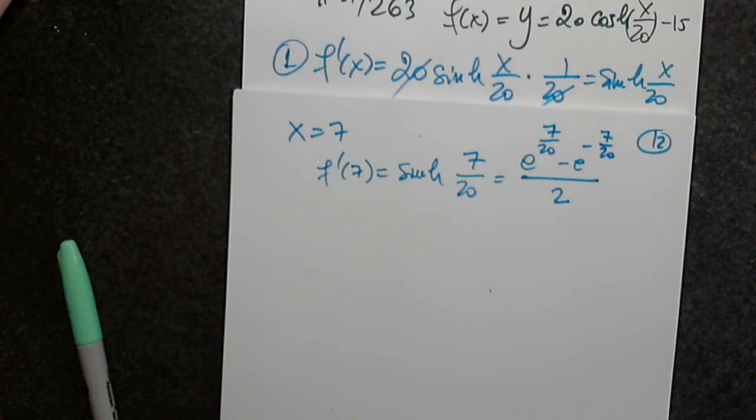I'm sure in the newer calculators this function is somewhere. In parentheses, negative 7 divided by 20. Close the parenthesis for the top, close the parenthesis for the whole thing, and press enter. And we got 0.36 approximately.